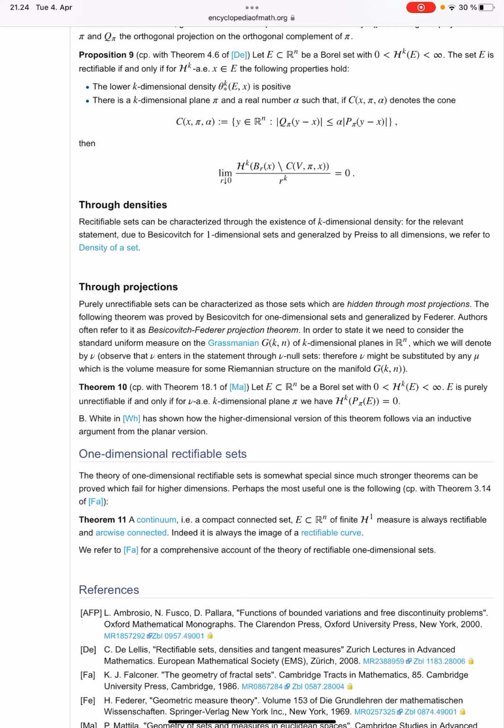And the details are in Falconer. We have done a full playlist on curves in Euclidean and in metric spaces. And there we also discussed this one.